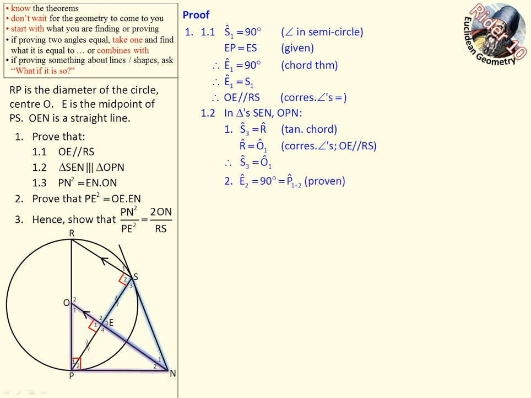Both E2 and P1 and 2 are 90 degrees, and that is proven. N1 equals N2, angle sum of a triangle. So we have the two triangles similar. Remember to state them in the correct order. S equals O, E equals P, and N equals N.